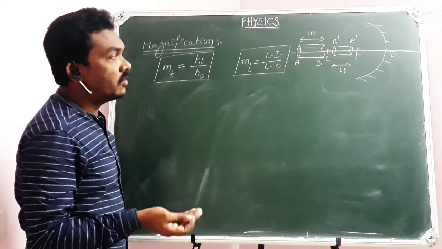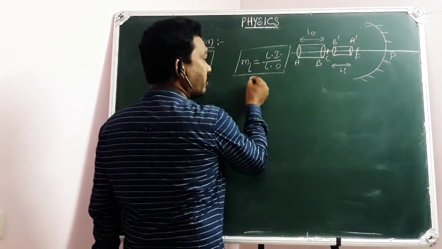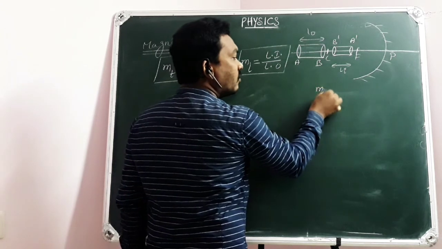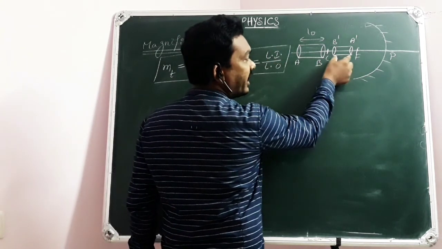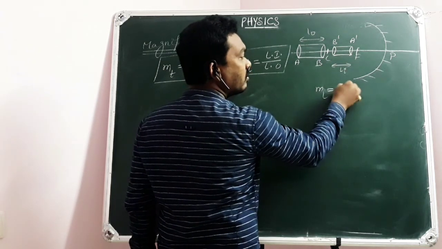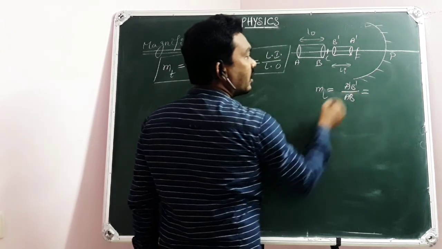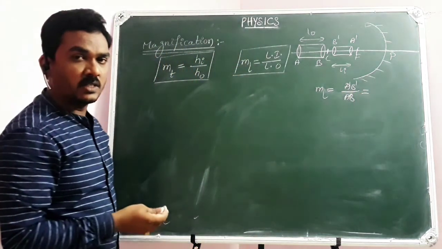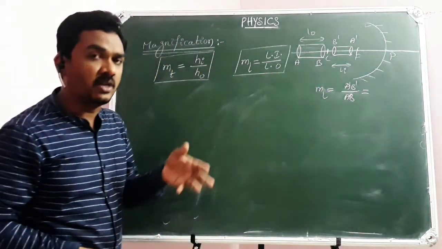So the ratio of the length of image to the length of object. What is meant by length of image in the numerator? It is A dash B dash. By length of object we mean AB. In this particular case, as per our earlier discussion, we suppose A and B, the ends of the rod, are two different point objects.